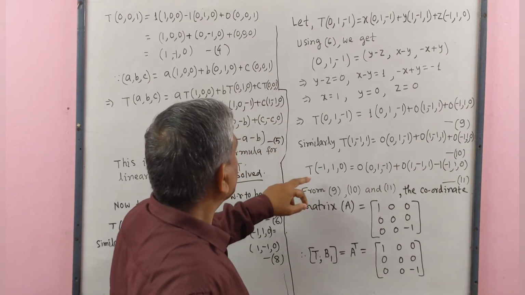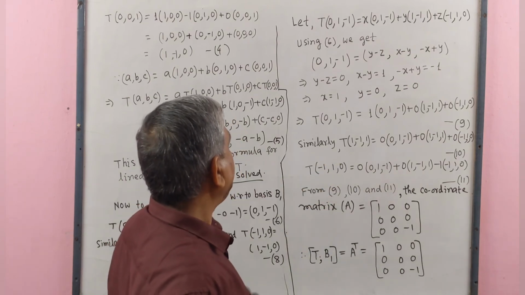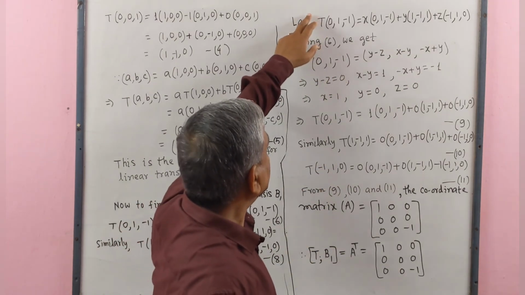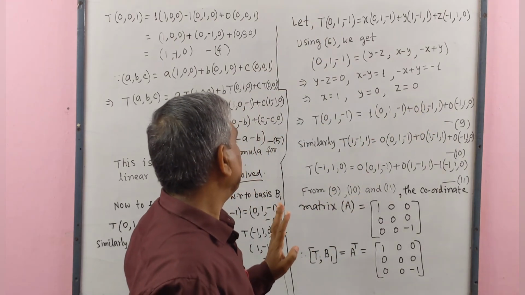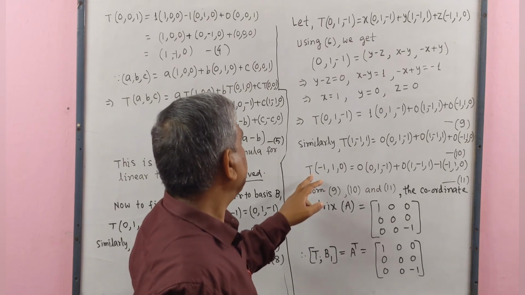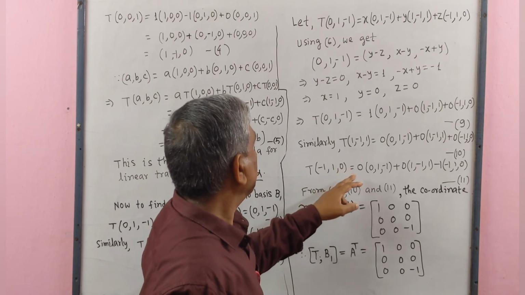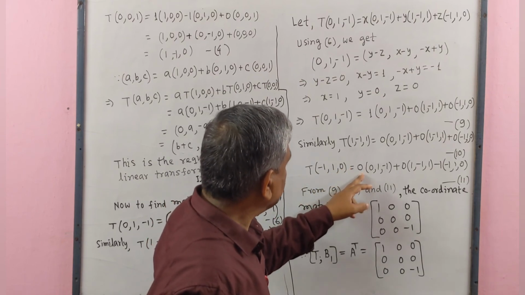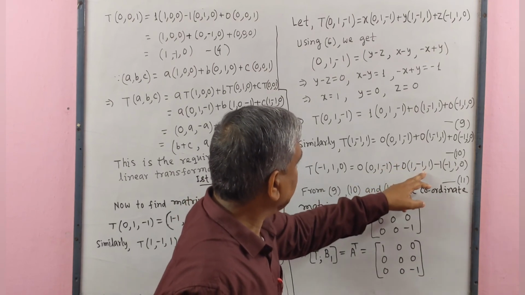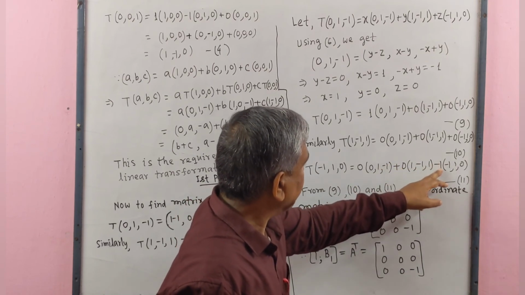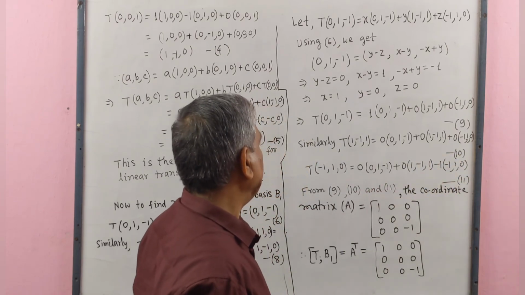Similarly, for the third element of B1, we may get the value of T(-1, 1, 0) equal to coordinate 0 times the first element of B1 plus coordinate 0 times the second element of B1 and coordinate -1 times the third element of B1.